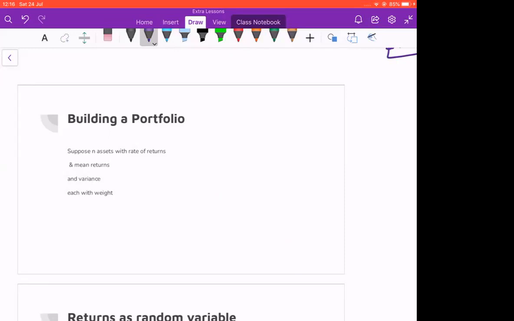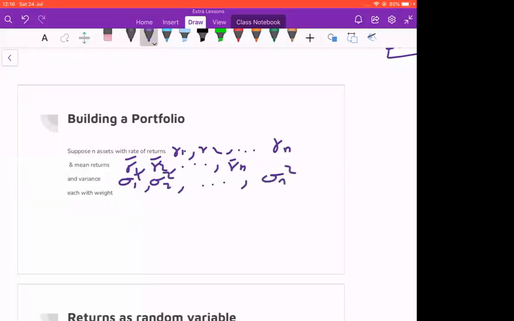Let's say you have n assets, each with return R1, R2, up to Rn, and the mean returns, and variances sigma 1 squared, sigma 2 squared, up to sigma n squared, and each with weights w1, w2, up to wn. To build a portfolio here is to combine all these assets.